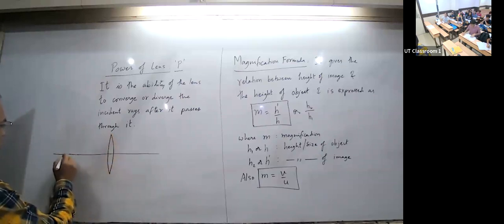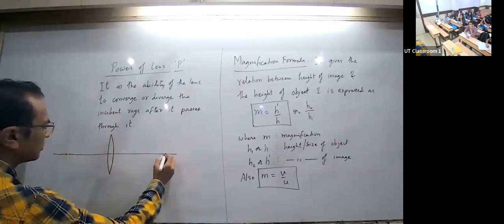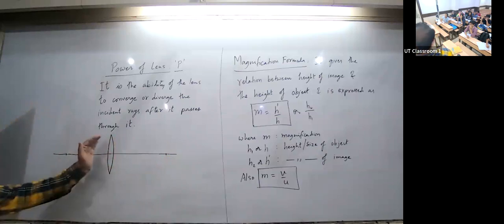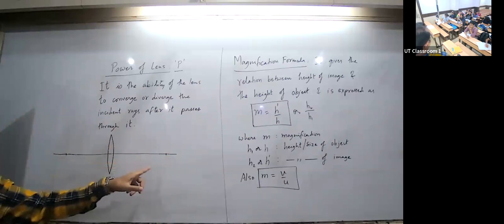Curvature is less, so its center of curvature will be at a farther distance. What is less curvature? The surface is less curved. So that means it will have a bigger radius, right?